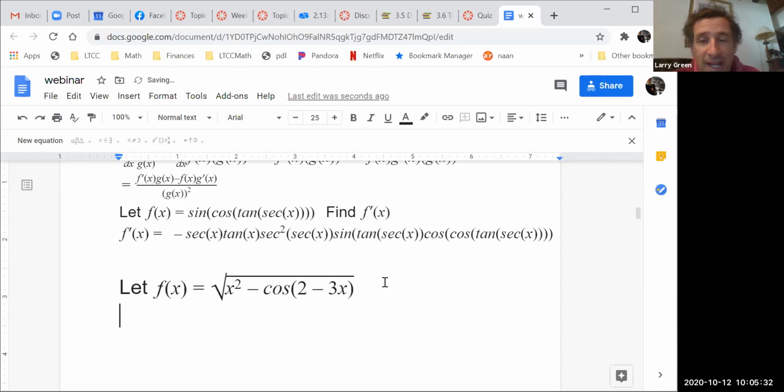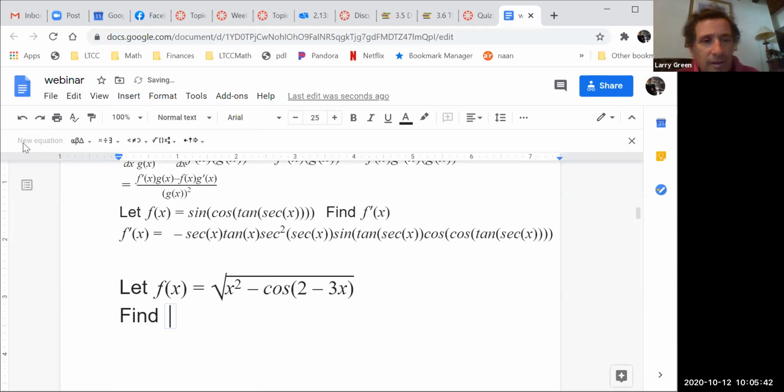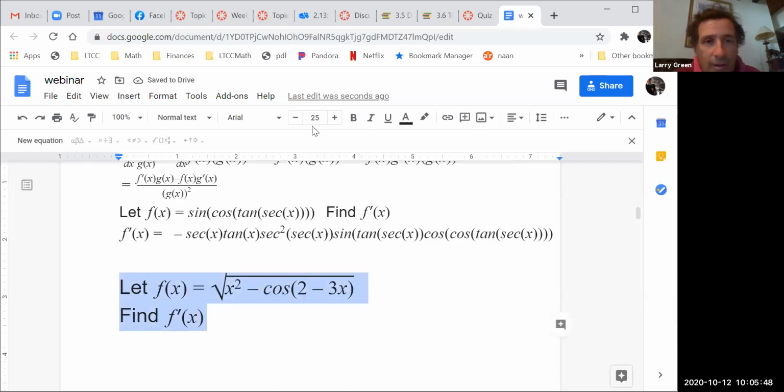And as you might be able to guess, find the derivative.